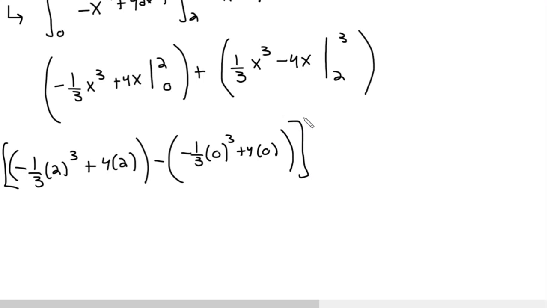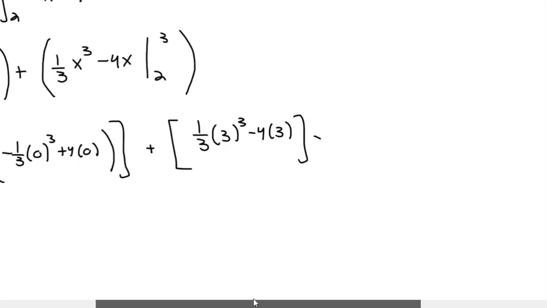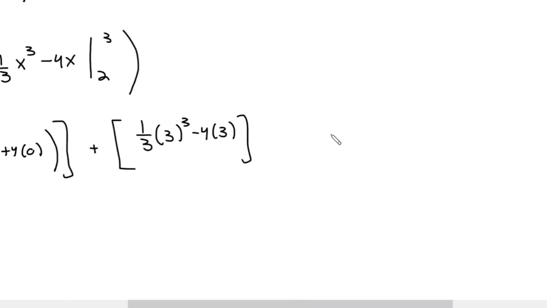Now what I have to do is plug in over here too. So 1/3 times 3 cubed minus 4 times 3. And then we do a minus. So we do the minus sign, then we plug in 2. So 1/3 times 2 cubed minus 4 times 2.